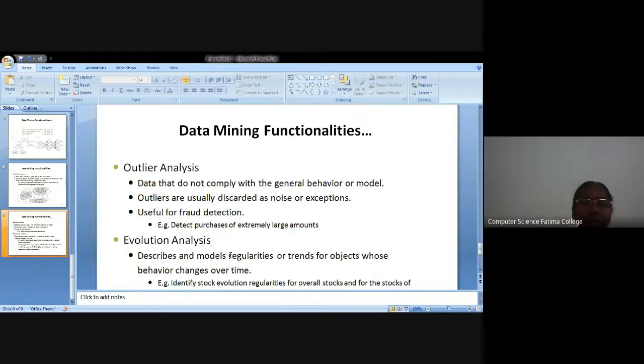After finding it, it is possible to discard the data as noise or exceptions, right? Because if you are analyzing the entire data, some of the data may come under some classifications, and some of the data should form one single cluster based on similar features.